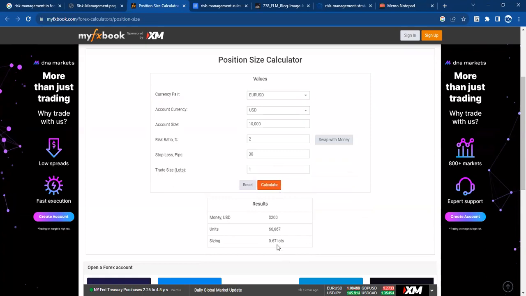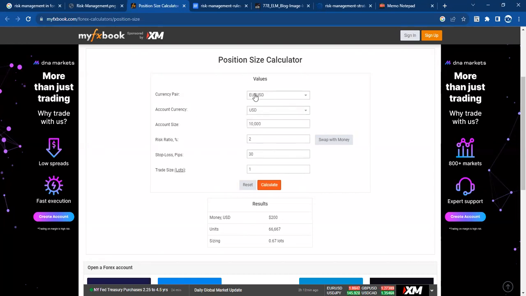So in this case, my lot size for good risk management should be 0.67. So with a 0.67 lot size on each trade, my stop loss in USD is $200, and in pips is 30 pips.